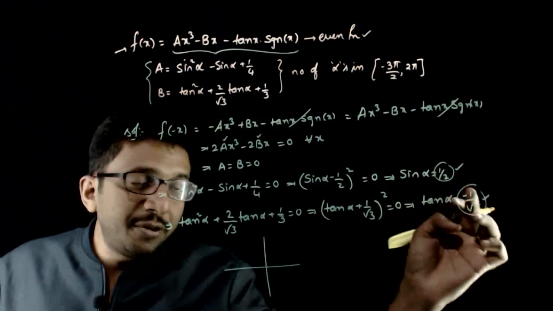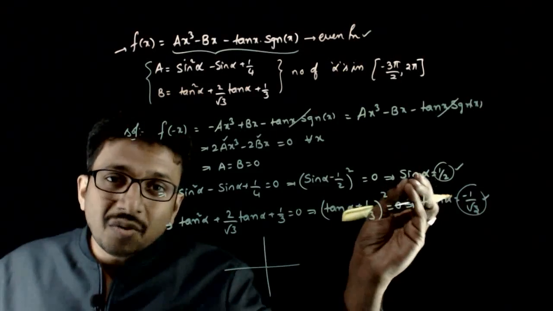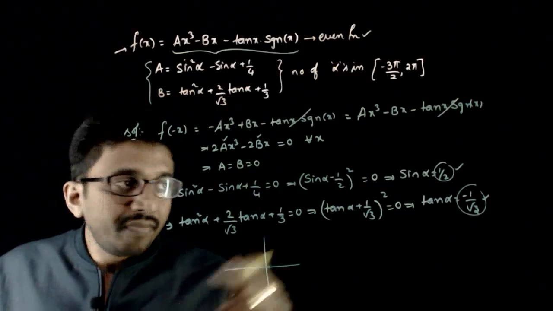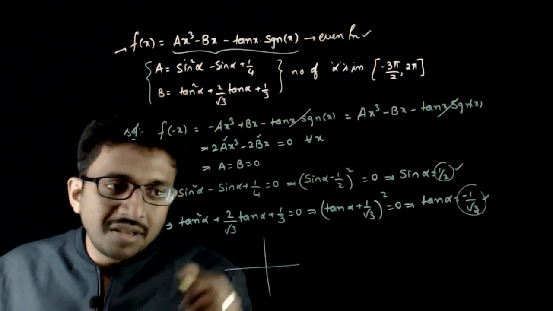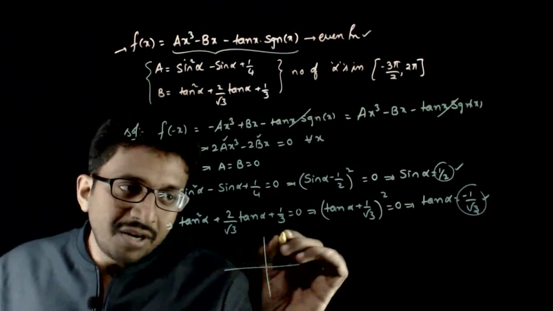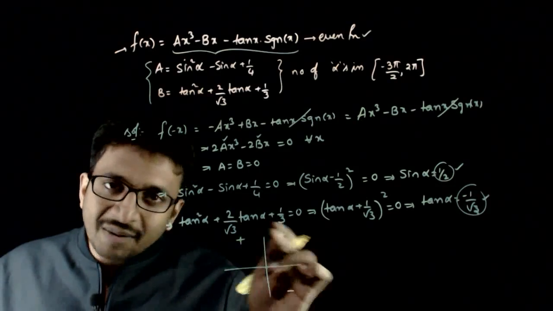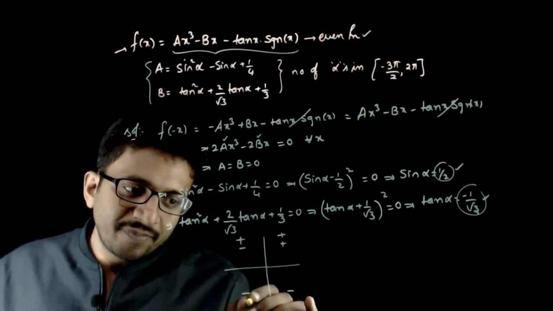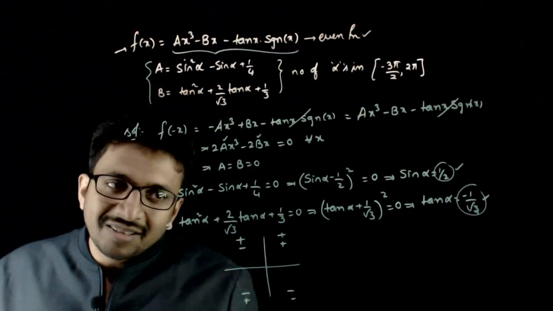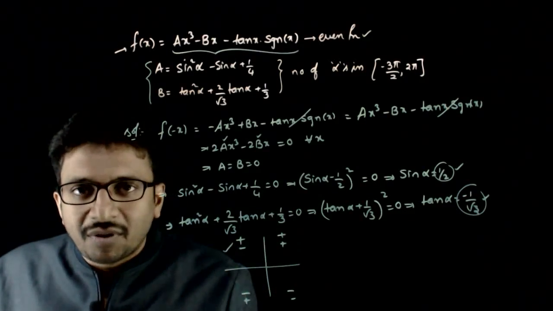What is the quadrant in which alpha lies? Sin should be positive, tan should be negative. Obviously it's in the second quadrant, because the signs of sin are plus plus minus minus and that of tan are plus minus plus minus. So sin positive and tan negative means alpha is in the second quadrant.